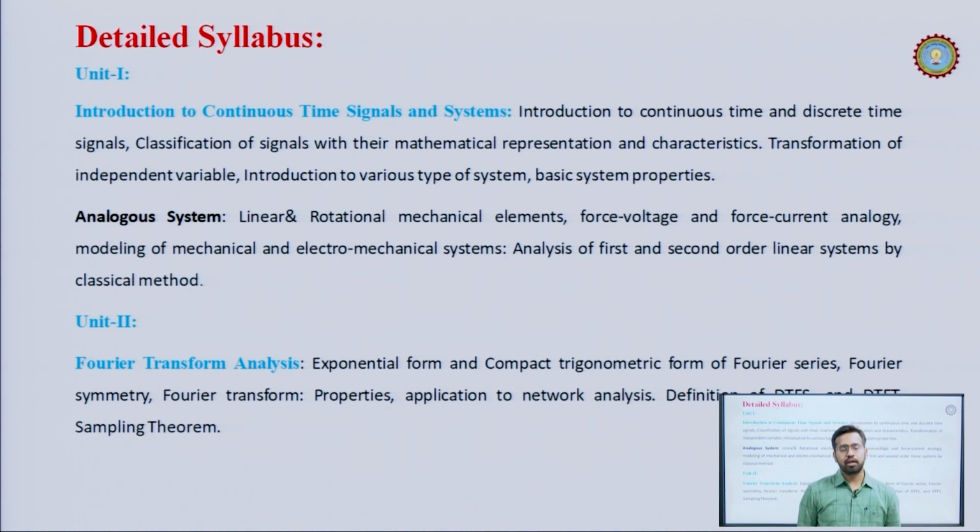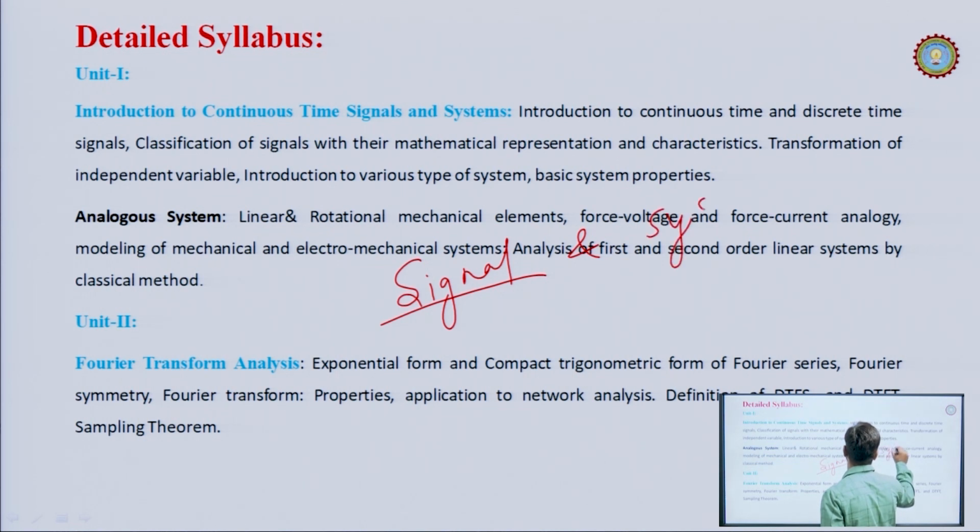As you can see, the subject has 2 major terms, signals and systems. How can we differentiate what is a signal and what is a system? If I ask you what a signal is, we can say that anything which has some information is a signal.